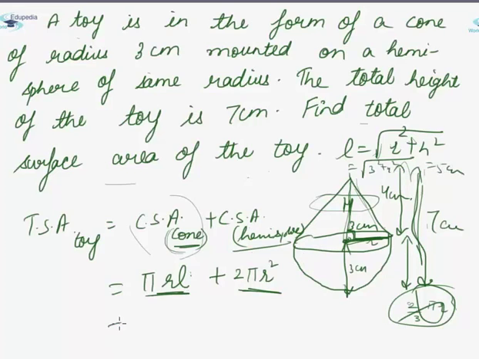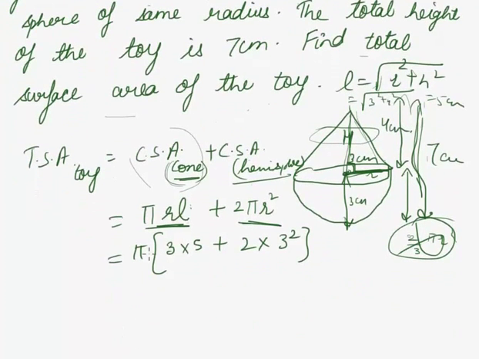centimeters, and thus the total surface area will be pi taken common, R as 3 and L as 5 plus 2 into R square, which is 3 square. So we can say that the value is, let us take the value of pi as 22 by 7. 5 into 3 is 15 plus 18.